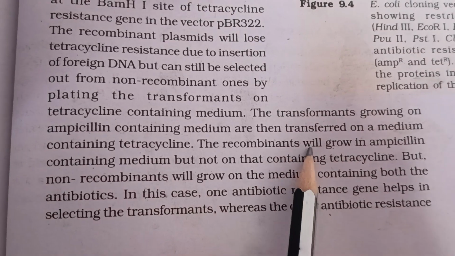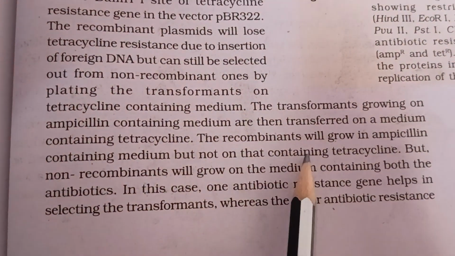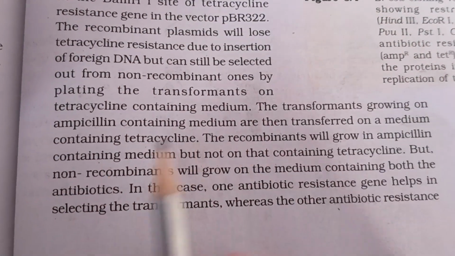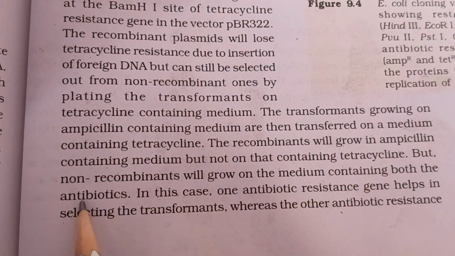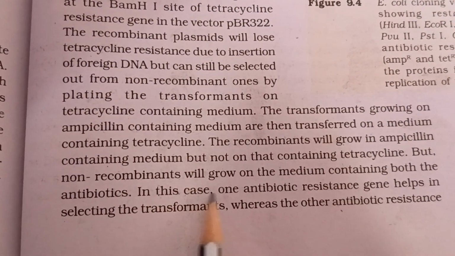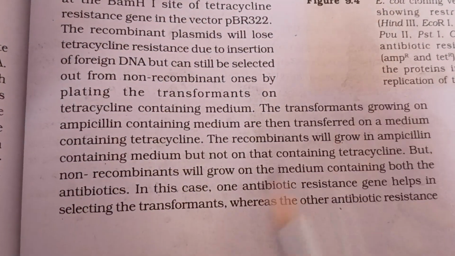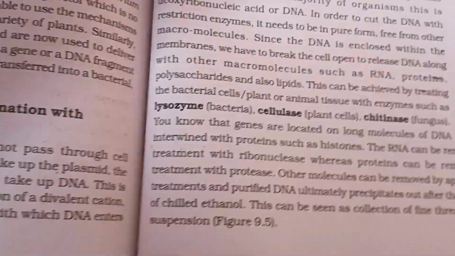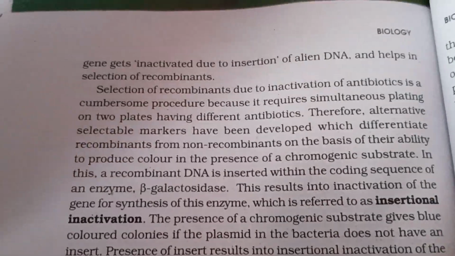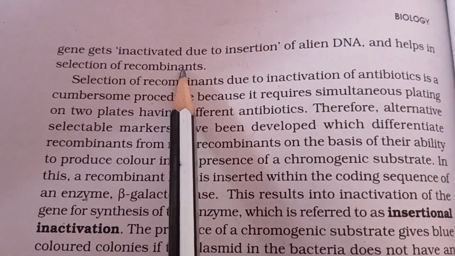The recombinants will grow in ampicillin containing medium, but not on that containing tetracycline. But non-recombinants will grow on the medium containing both the antibiotics. So in this case, one antibiotic resistance gene helps in selecting the transformants, whereas the other antibiotic resistance gene gets inactivated due to insertion of alien DNA and helps in selection of recombinants.